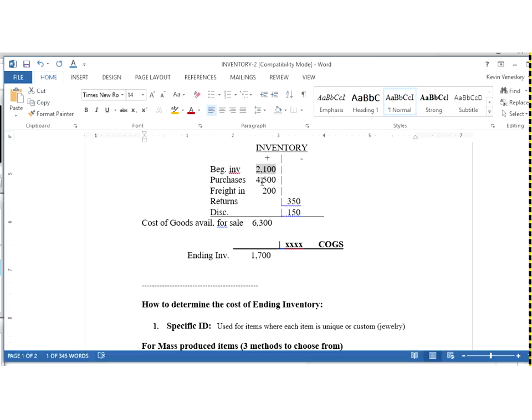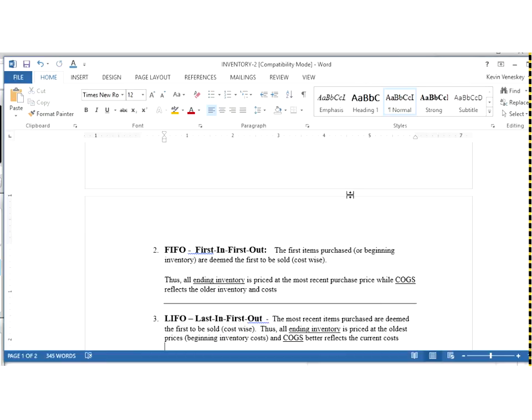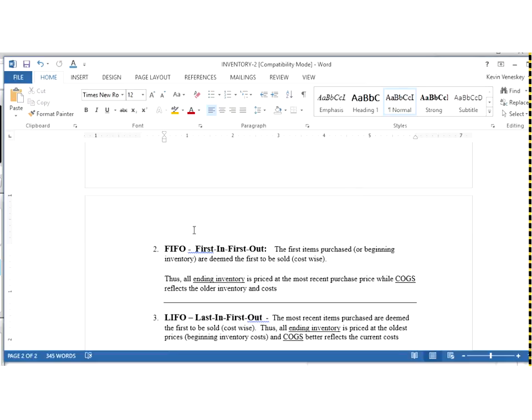And then the initial purchases that maybe I bought on Monday. Whereas the items that I bought later in the week, I would still have on my books as my ending inventory, because those guys I still own. When it's FIFO, I'm getting rid of my very initial items first.